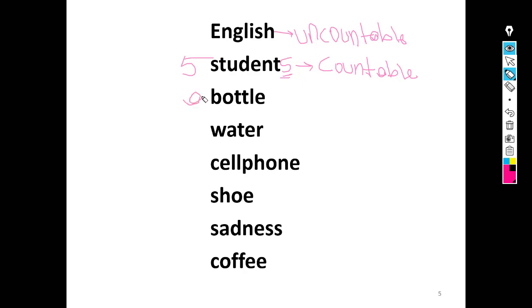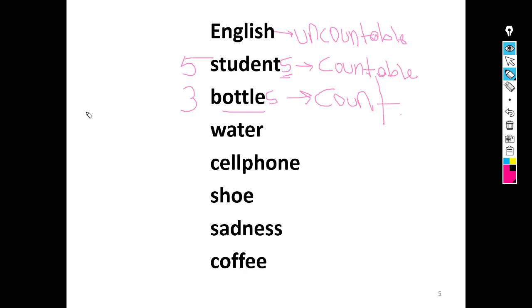Or I can say like that: I have got 3 bottles of milk. Can you count bottle? Yes, you can count. So it's a countable noun.